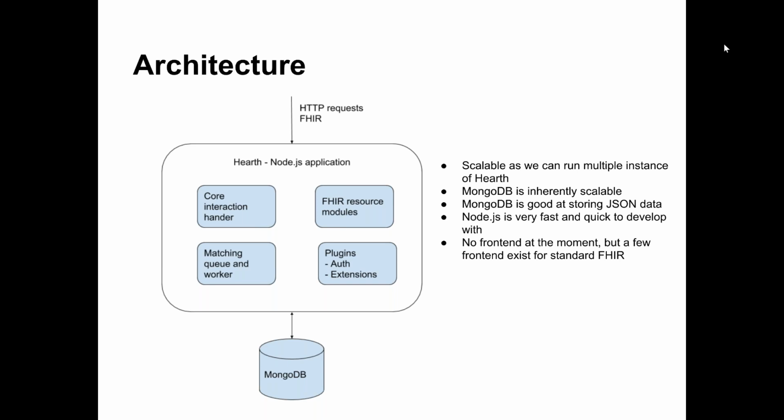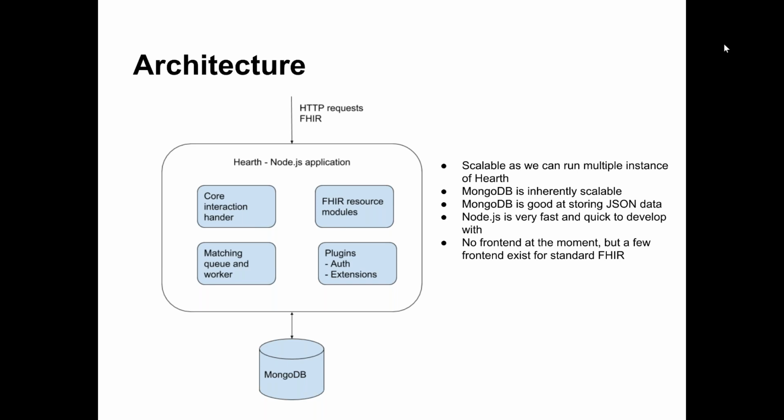So we have modules for particular FHIR resources that allow us to do custom handling of those resources. A lot of the resources we use can use a default module that they all basically handle the same, and we just store those to the MongoDB database without having to do anything custom.